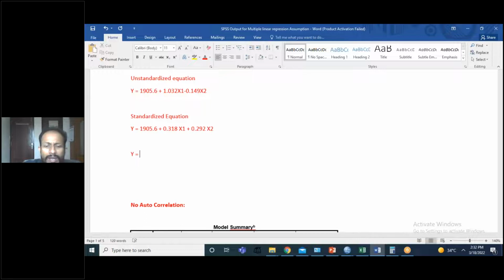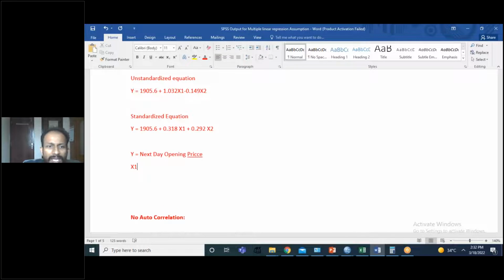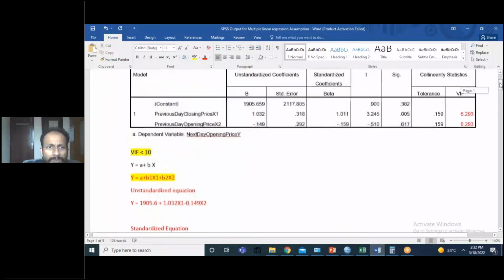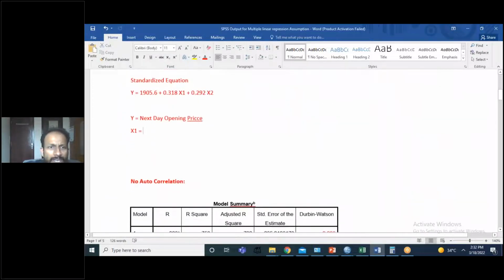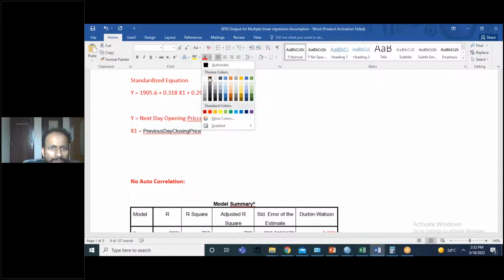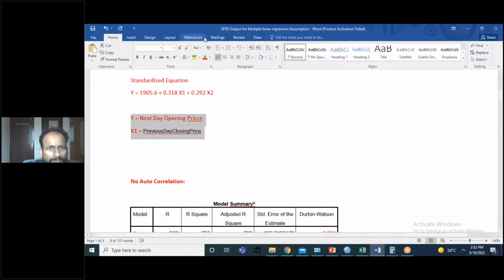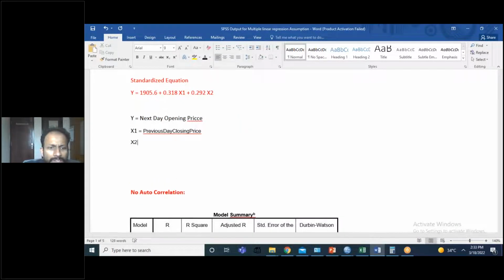So here y is the dependent variable, which is the next day opening price. x1 is the previous day closing price, and x2 is the previous day opening price.